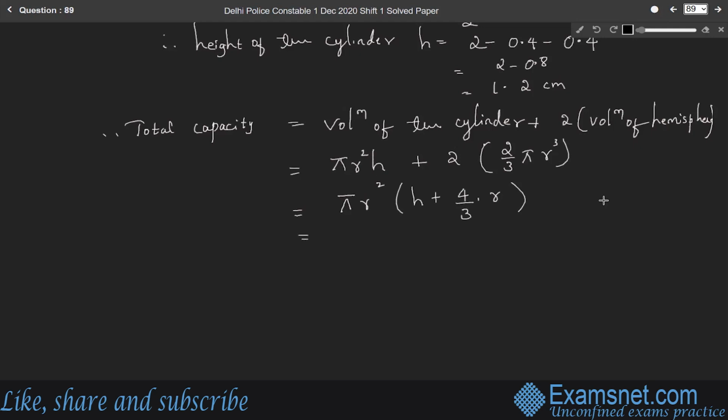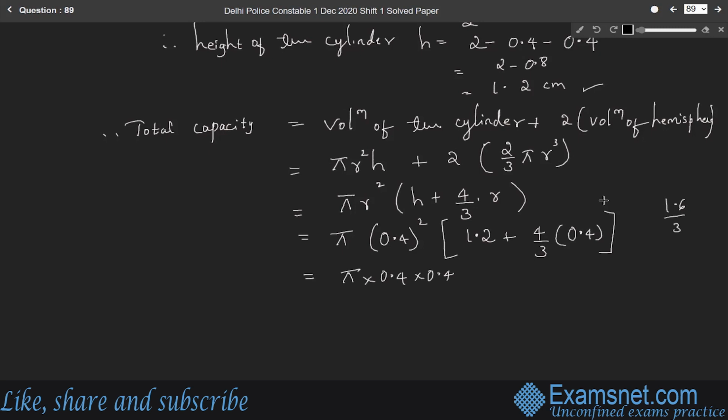So here pi r square is 0.4 square into the height of the cylinder, 1.2 centimeter, 1.2 plus 4 by 3 into 0.4. So total capacity is equal to pi into 0.4 into 0.4. So here 4 into 0.4 is 1.6, so 1.6 by 3.